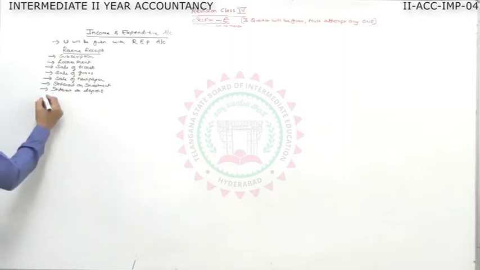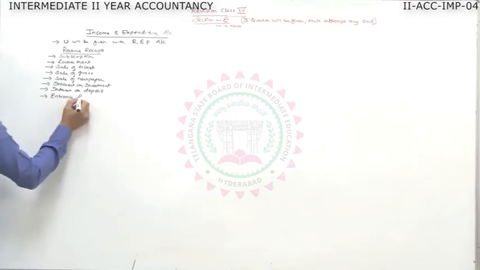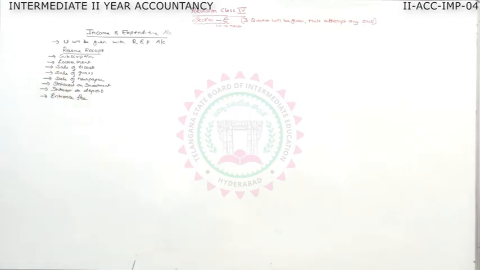Along with this, sometimes even entrance fees can be a revenue receipt. Like that, if information is given about legacy or life membership fee, telling that they are to be kept half as income, then we'll take them as income.